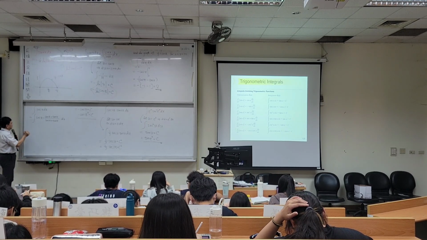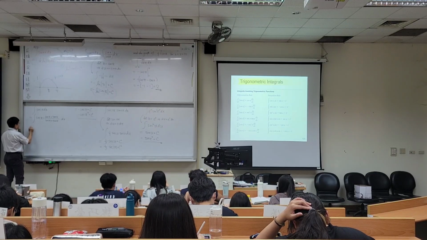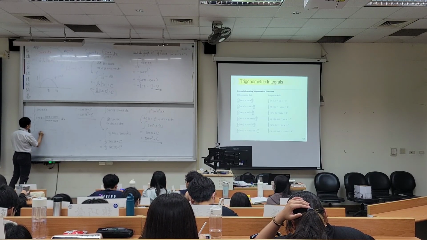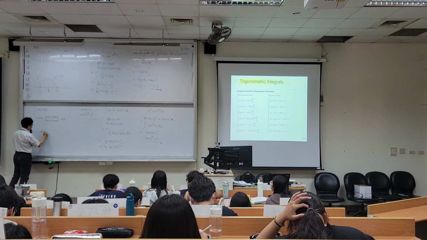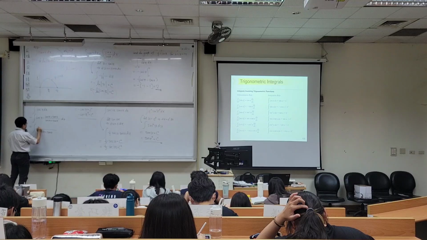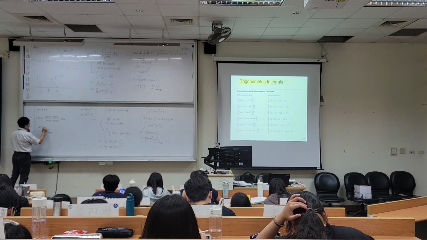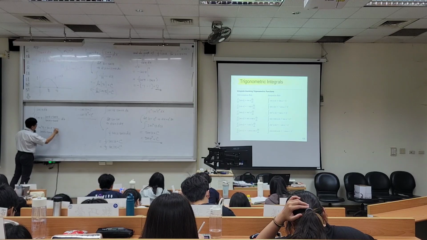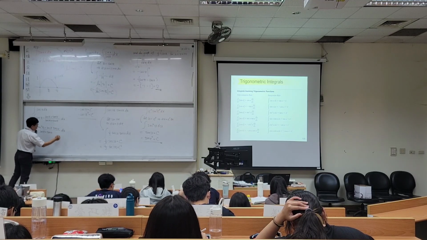So what you get is secant x plus tangent x in the denominator, and on the top will be secant squared plus secant x tangent x dx. Okay?